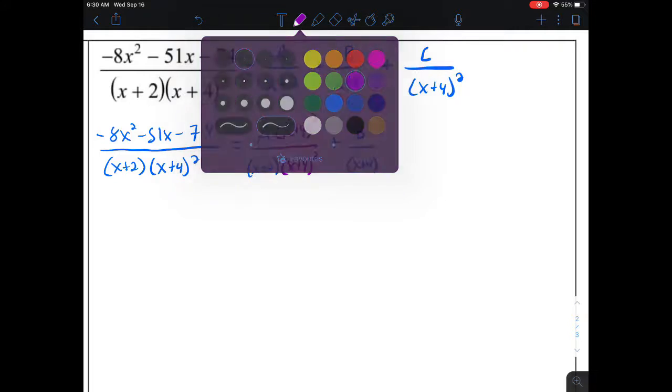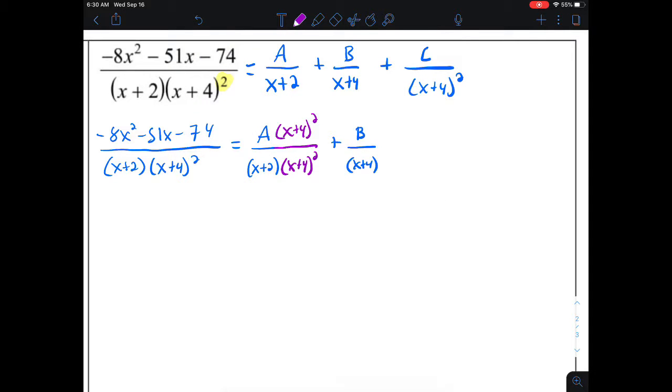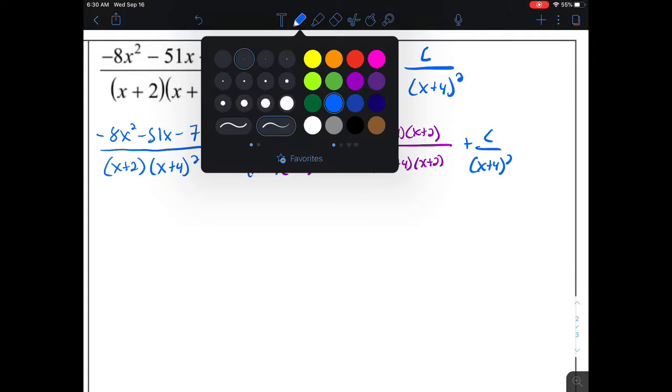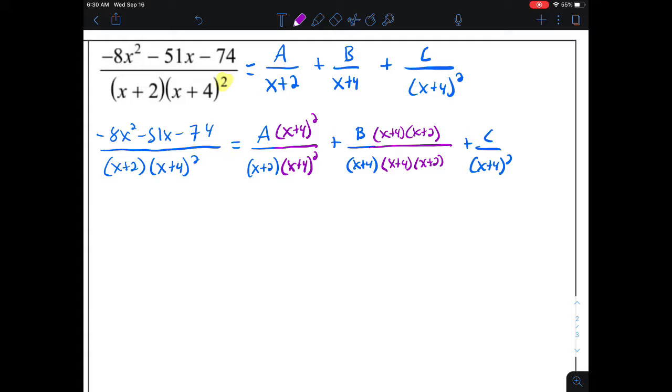The b fraction is going to have to get multiplied by another x plus 4 and an x plus 2. And the c fraction has to get multiplied by, it needs an x plus 2.